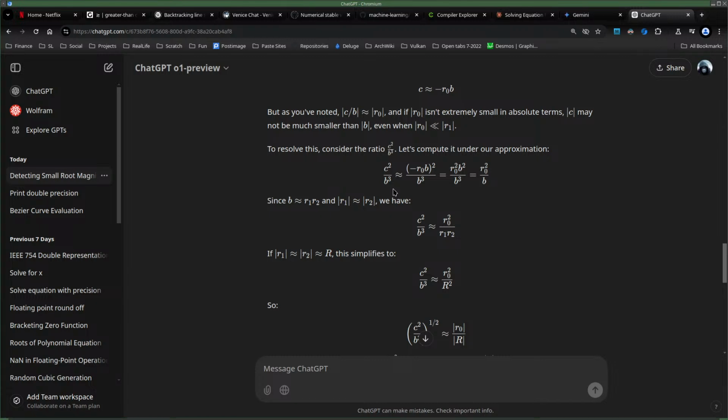It's reasoning backwards. It's using approximations, assuming that the absolute value of R0 is much less than the absolute value of R1, while that's not necessarily the case.